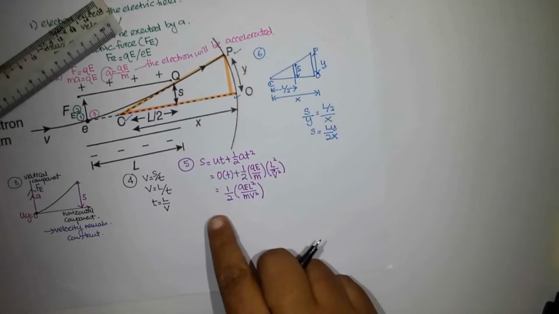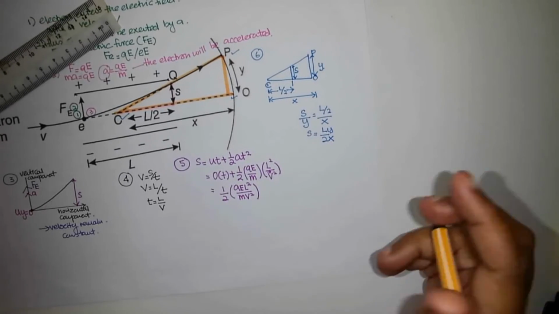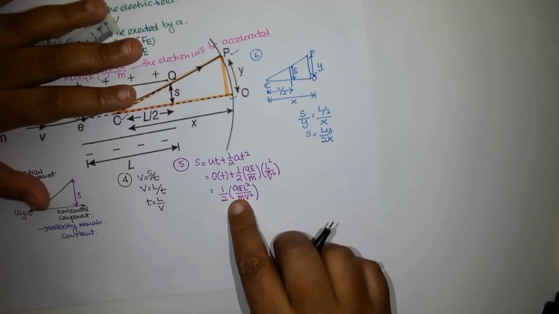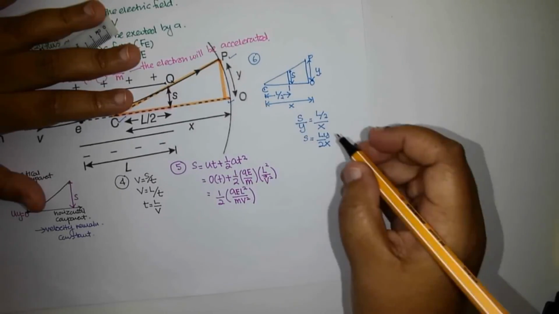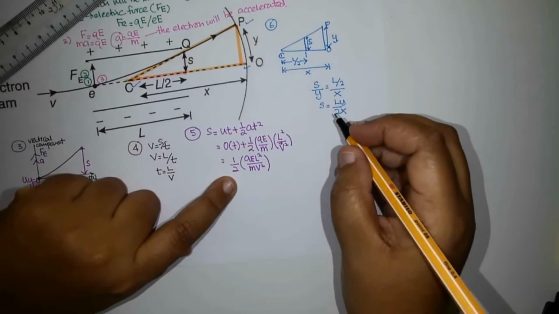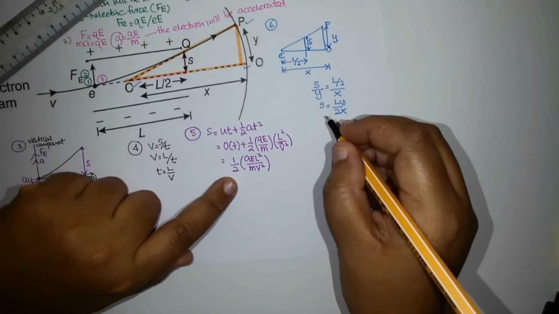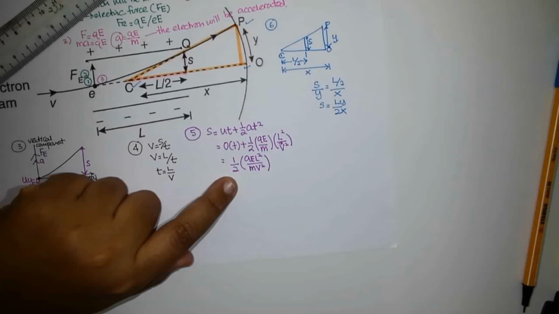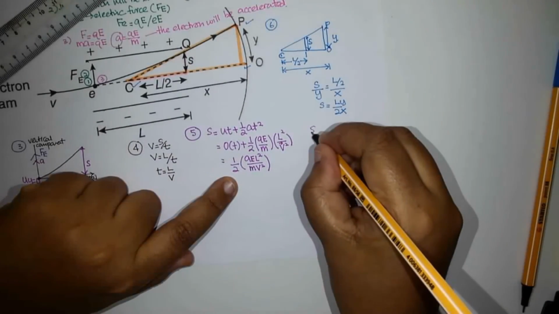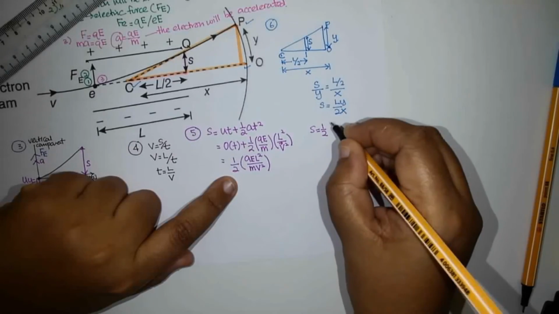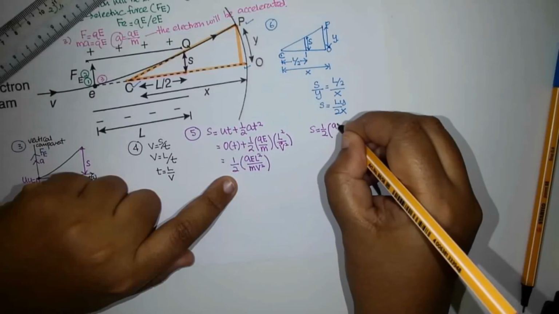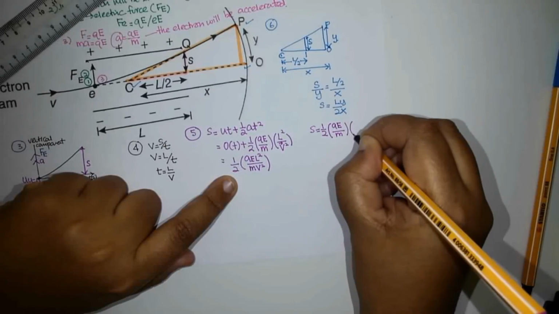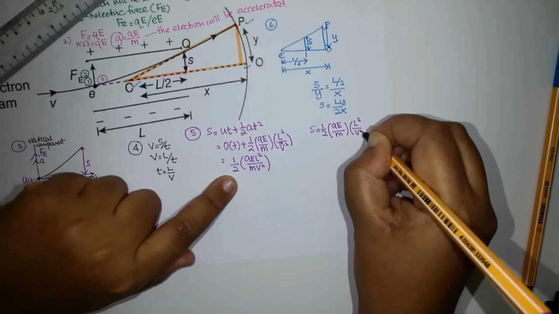Now what is S? Before we go to what S is, let's look at this formula here. We bring back this formula: S equals 1 over 2, QE over m, L square over V square.